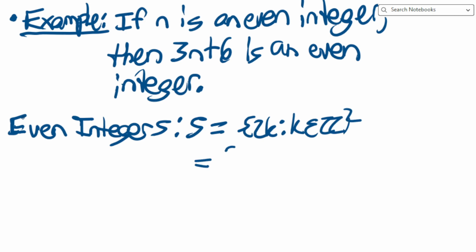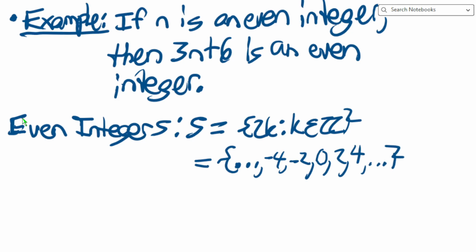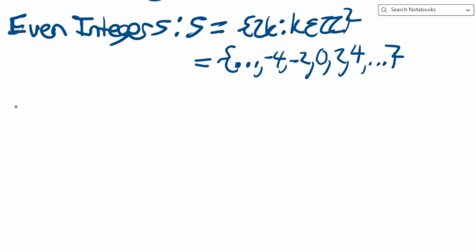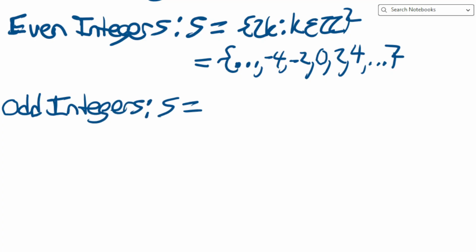And of course, this would include numbers like -4, -2, 0, 2, 4, etc. And then odd integers, let's differentiate these two.